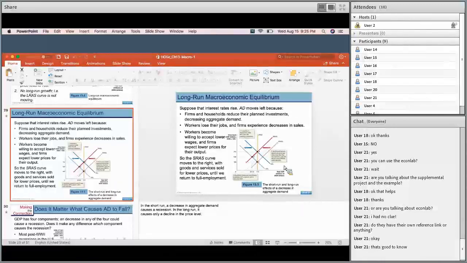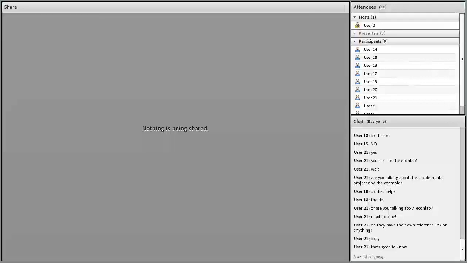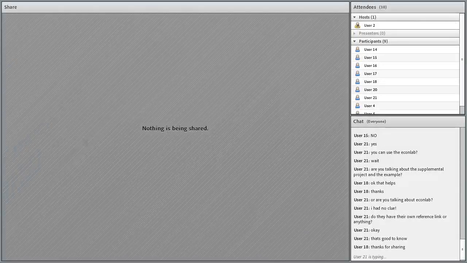So it shows you what happens, for example, during a recession. It's really good to review some things if you're not sure about some of the topics. If you're struggling with some, you can go back and review them a little bit.